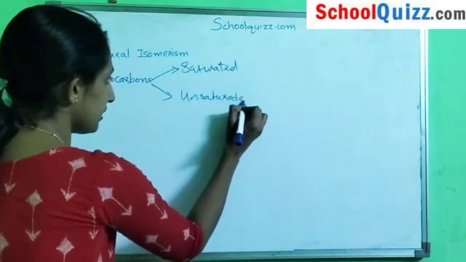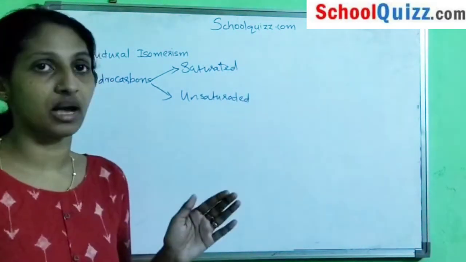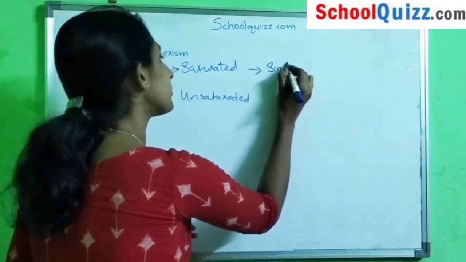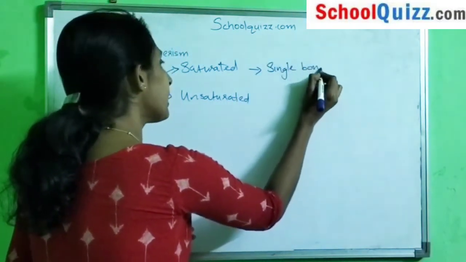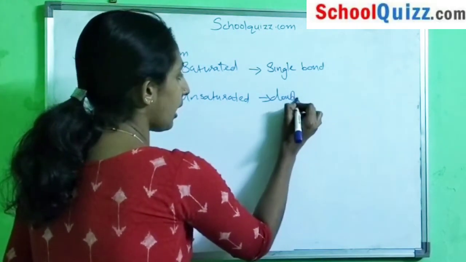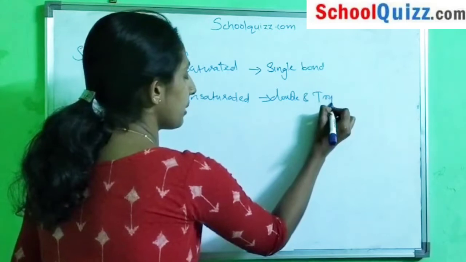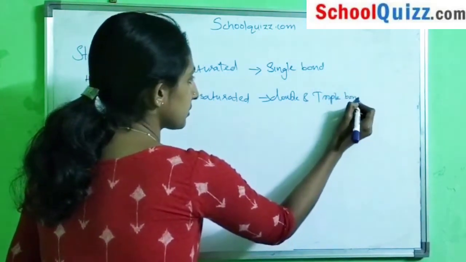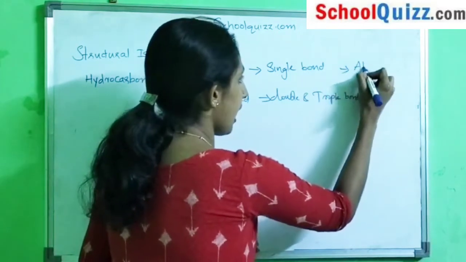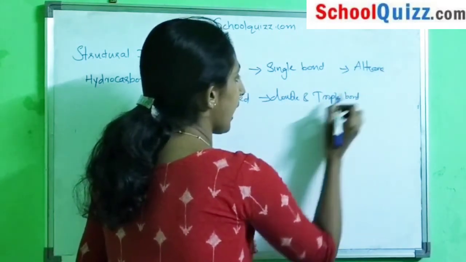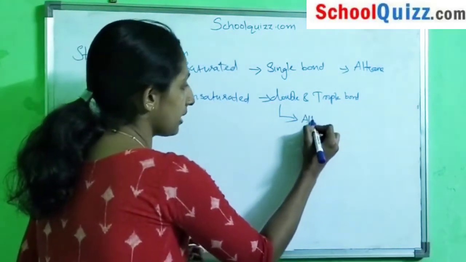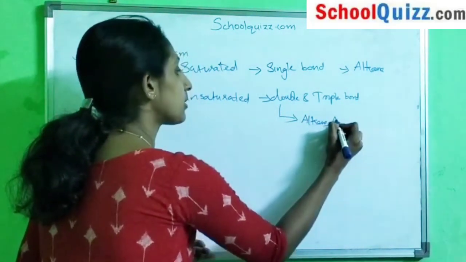From the name itself, it is clear that saturated hydrocarbons contain only single bonds, whereas unsaturated hydrocarbons contain double and triple bonds. An example of a saturated hydrocarbon is alkane, and examples of unsaturated hydrocarbons are alkene and alkyne.